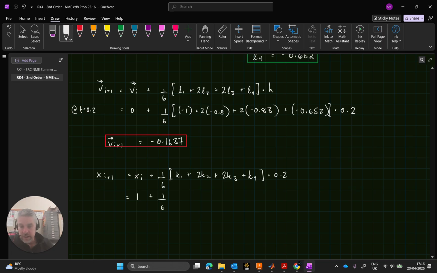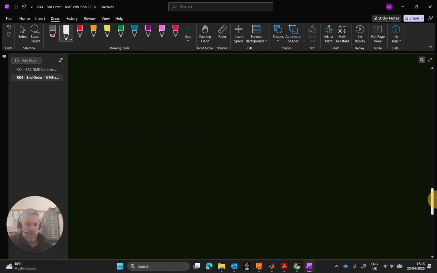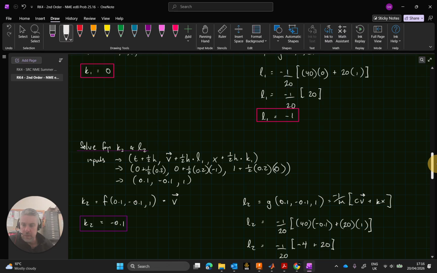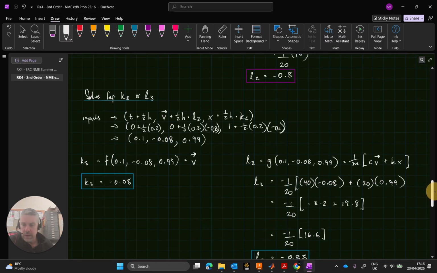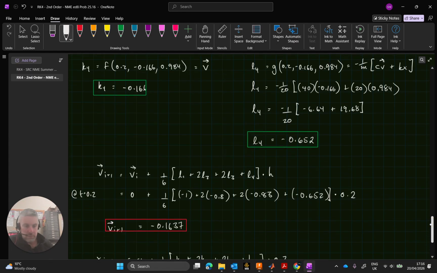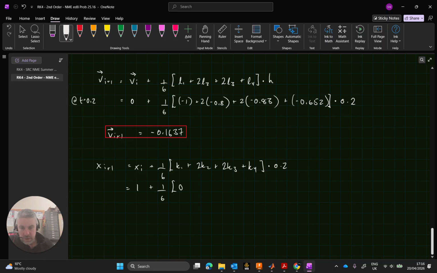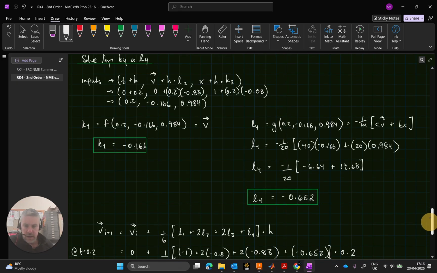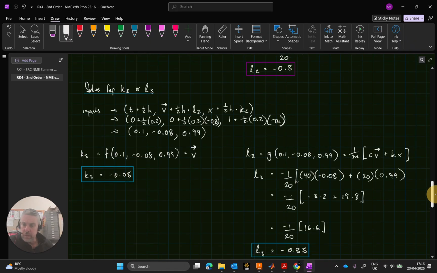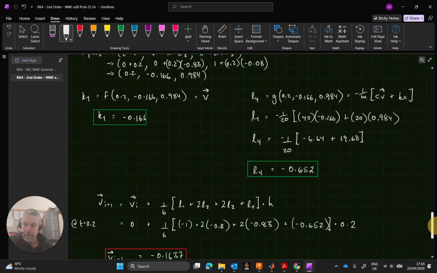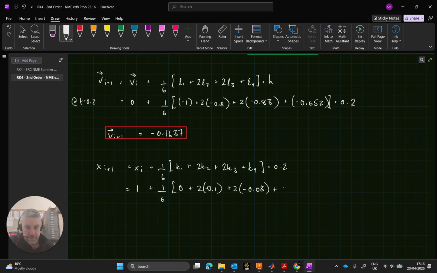K1 was 0, k2 is minus 0.1, k3 minus 0.08, so it is 0 plus 2 times minus 0.1 plus 2 times minus 0.08 plus the k4, which is minus 0.166.